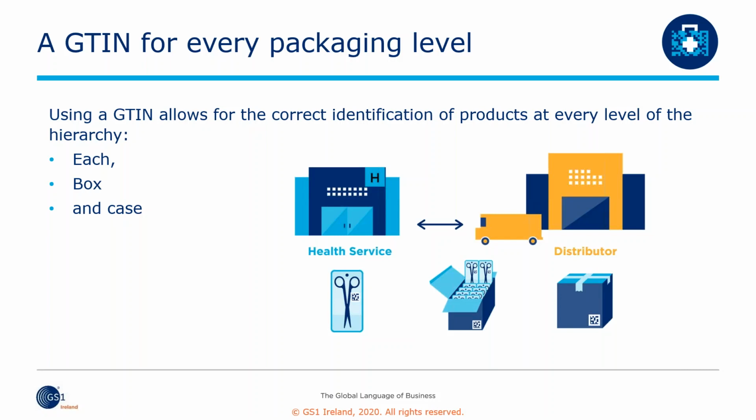But generally it is distributors and healthcare providers who scan and capture the information in the barcodes to track products through the supply chain right down to the patient bedside or point of care. And using the GTIN allows for the correct identification of products at every level of the packaging hierarchy, whether that be each box or the case.